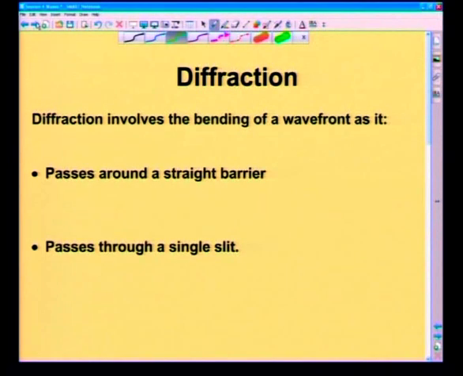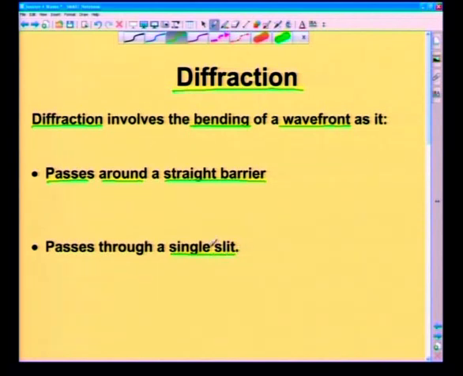Right. Now, let's look at diffraction. What is diffraction? Diffraction involves bending of waves, and it's actually the wave fronts as they bend. What happens for them to bend? They bend because they are passing around a straight barrier, or sometimes it's because they are passing through slits.